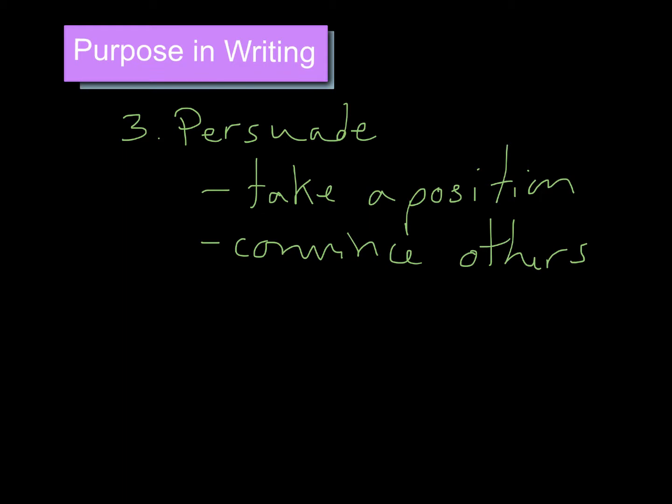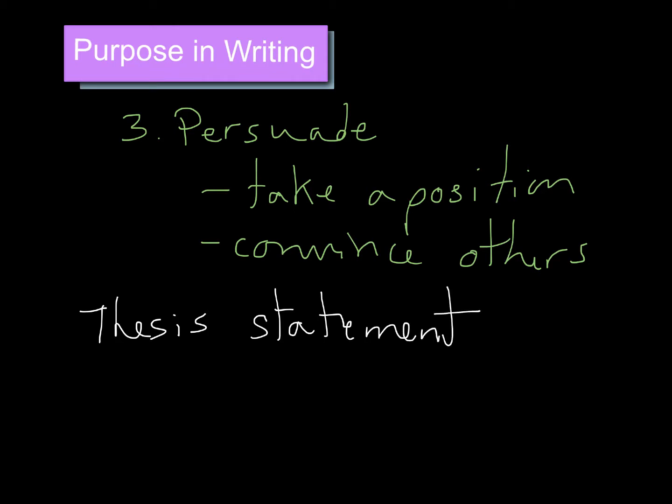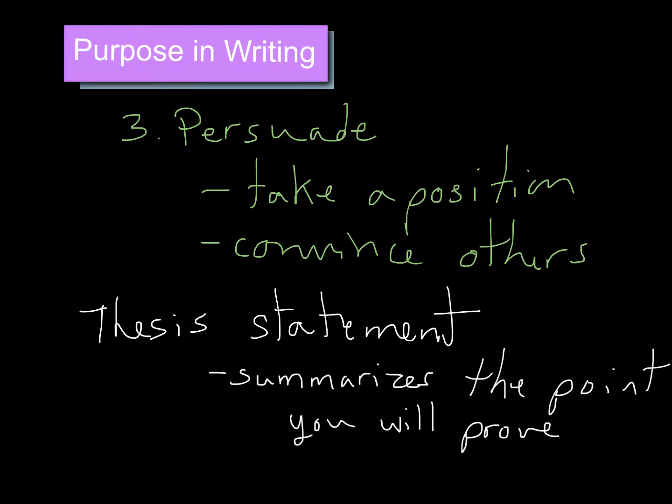For example, you might write an essay or a report in which you argue that there should be more services for homeless people. Now, good persuasive writing requires that you have a thesis statement. And that's a sentence that's usually in the beginning or in the introduction that summarizes the point that you're going to prove.